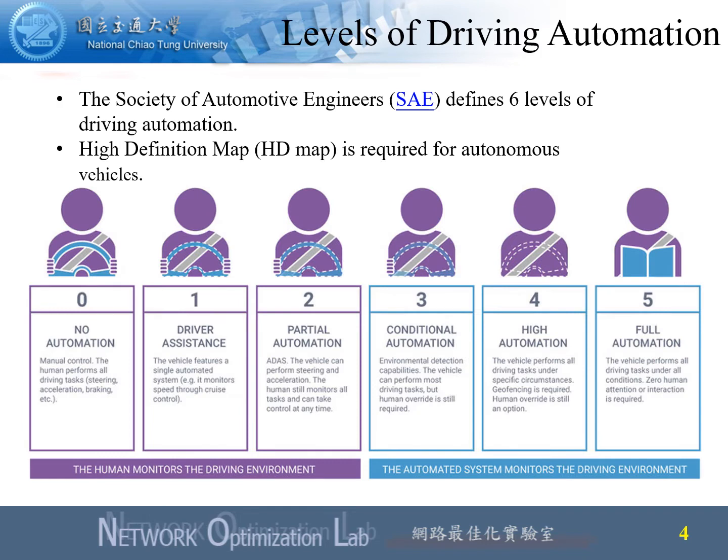The Society of Automotive Engineers defines 6 levels of driving automation ranging from 0 to 5. These levels have been adopted by the U.S. Department of Transportation. In the near future, self-driving vehicles will focus on level 4 and level 5. Therefore, a high-definition map, which is HD map, is required for autonomous vehicles.